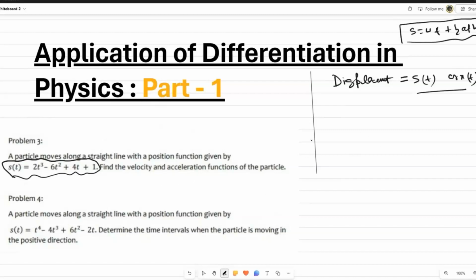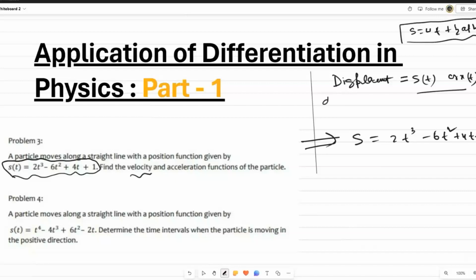So to solve the first one, it is given the displacement function. I've set this function because this problem matches with the concept of function in physics. Displacement is a function of t, that's why it is s(t). You can simply write s equal to 2t cube minus 6t square plus 4t plus 1. Velocity.